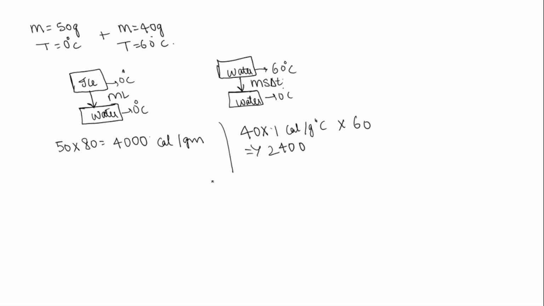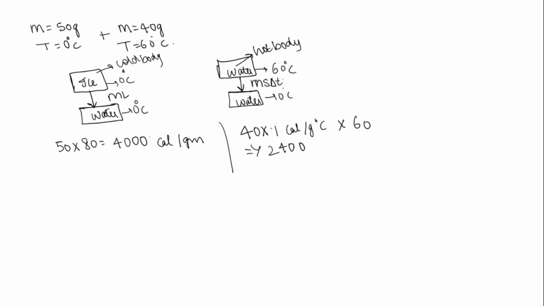2400. So we know the principle of calorimetry, that this is the hot body and this is the cold body. So heat given by hot body is equal to 2400 calories, and that absorbed by the cold body is 4000. So heat given is lesser than that. Okay, sorry.